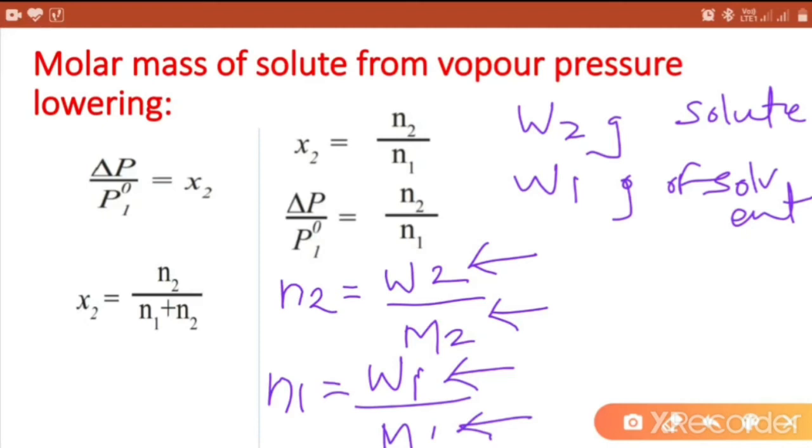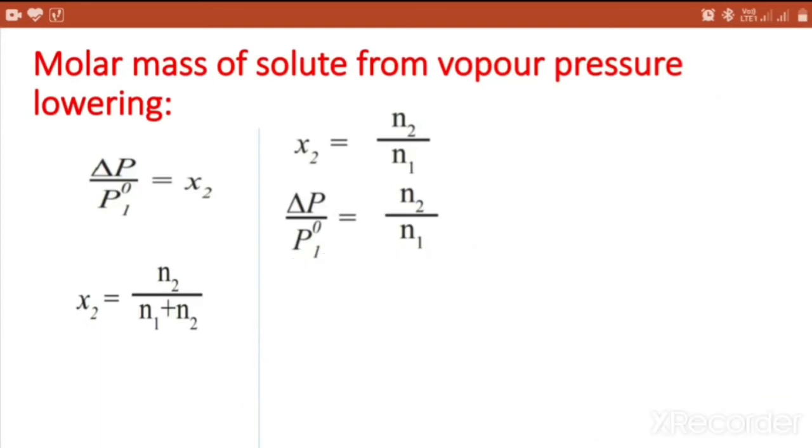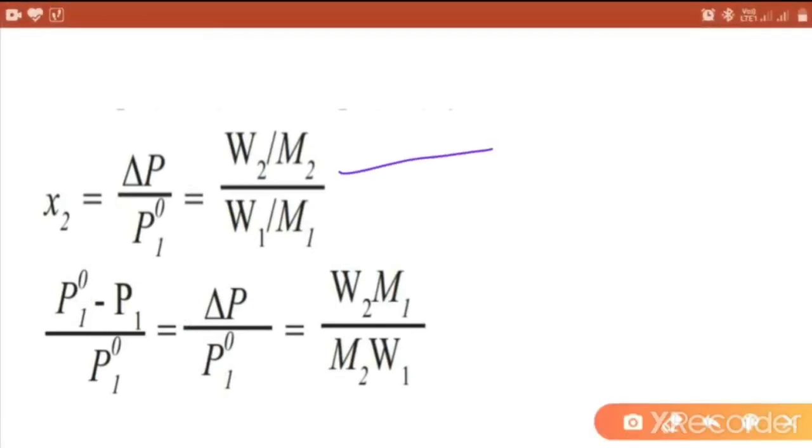By putting these values of n2 and n1 in this equation, we get this equation.